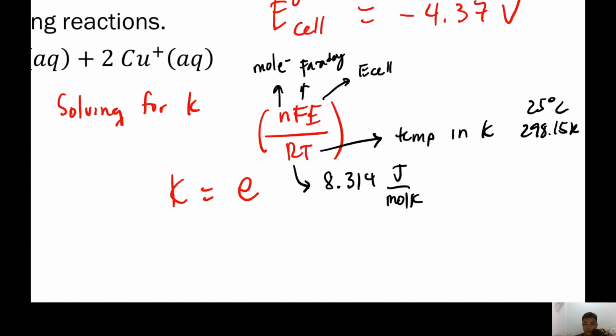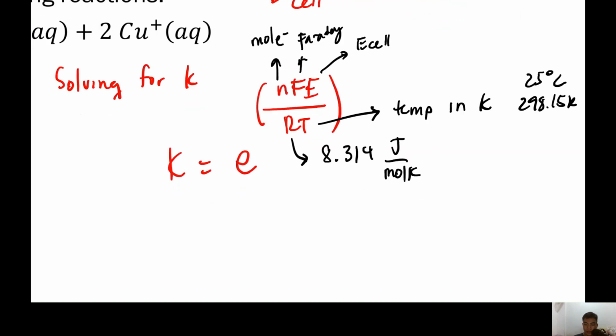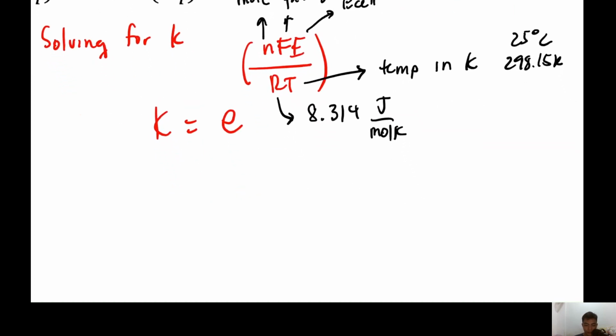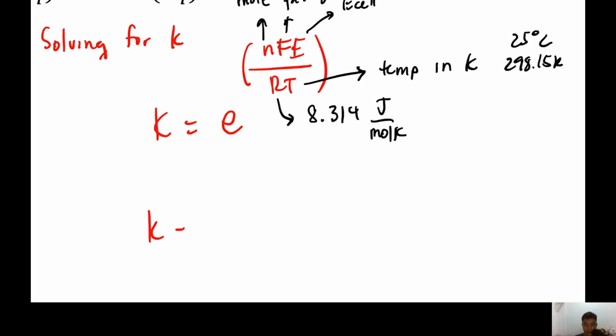So now we know the variables necessary to solve for k, then let's plug them all here. So k is equals to exponential, moles of electron is 6, times the Faraday's constant, 96485 joule per mole, I'm sorry, joule per mole volts. Sorry for that.